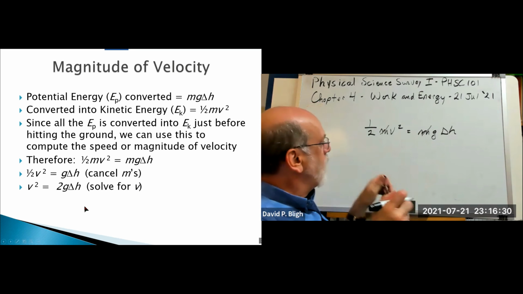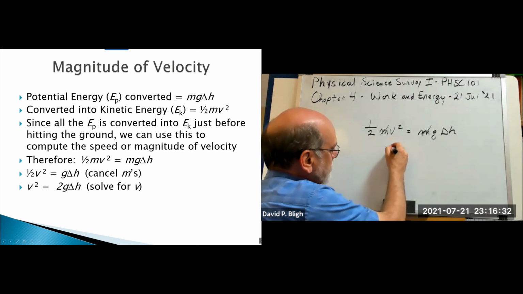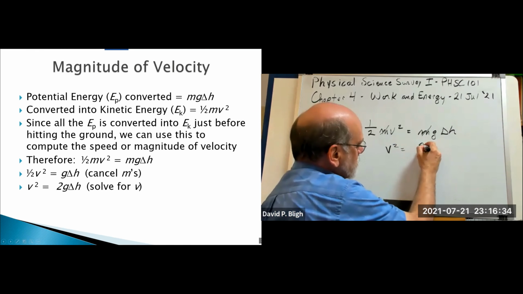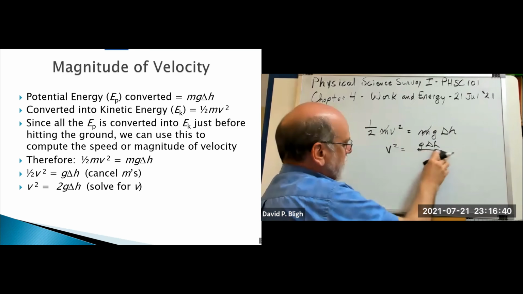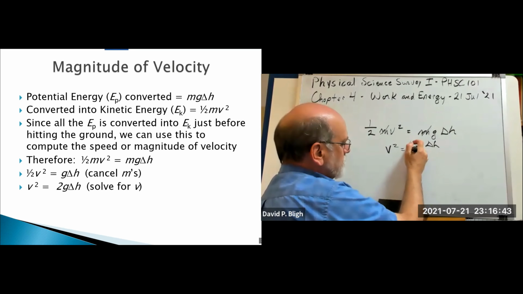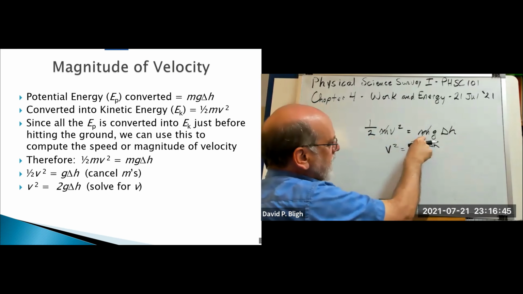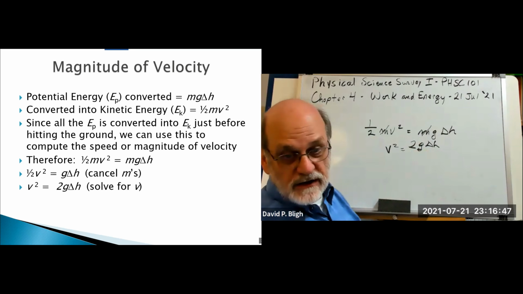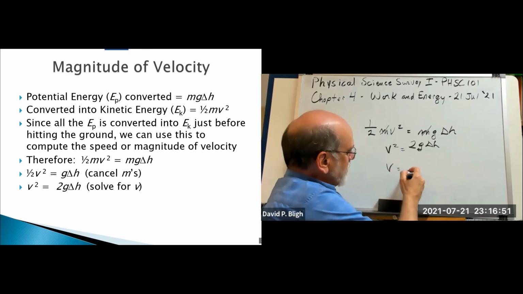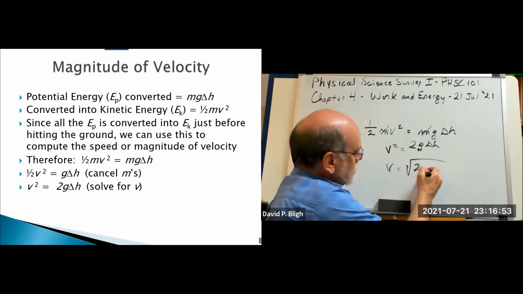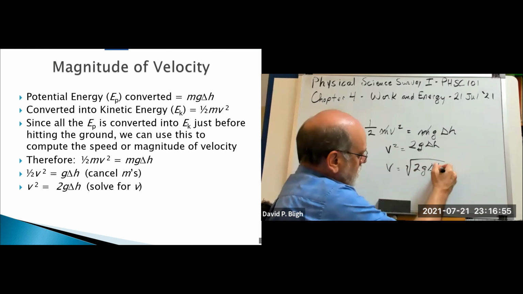So now if we solve for velocity squared, we have g delta h divided by 2. Excuse me, my mistake. The 2 is in the denominator, now it's in the numerator. 2g delta h. And then if we solve for velocity, we have the square root of 2g delta h.